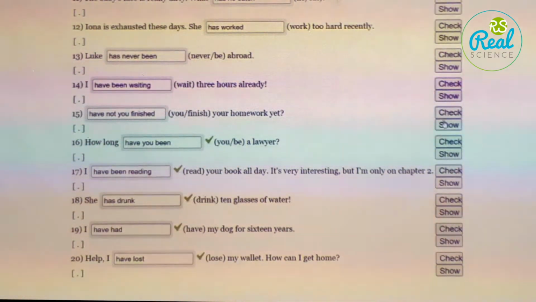So 15th, let's check. Okay, it is incorrect. Haven't you? Question: have you finished your homework? It's a bit strange. Have you finished your homework yet? Now it is correct.